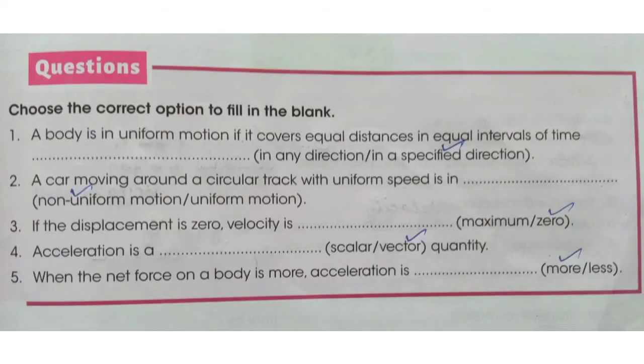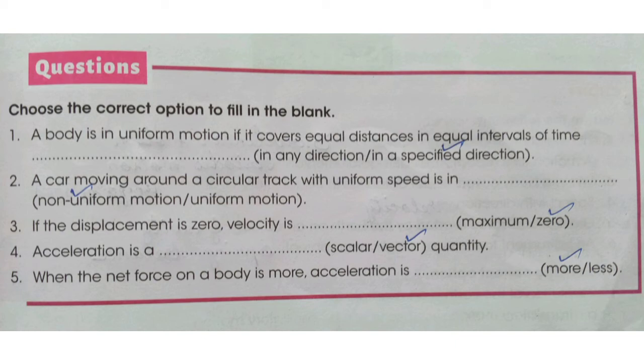We can check the exercise answers now, from page number 37. Choose the correct option to fill in the blank. First one, a body is in uniform motion if it covers equal distances in equal intervals of time. Answer is in a specified direction.